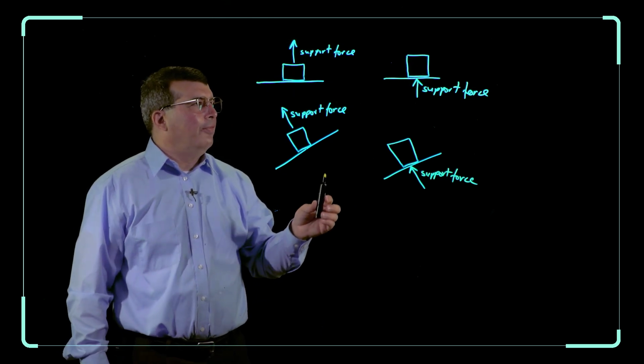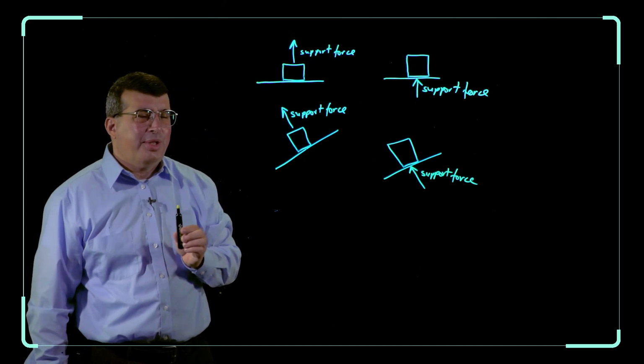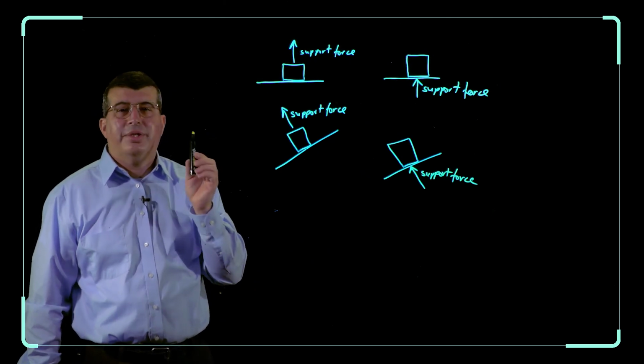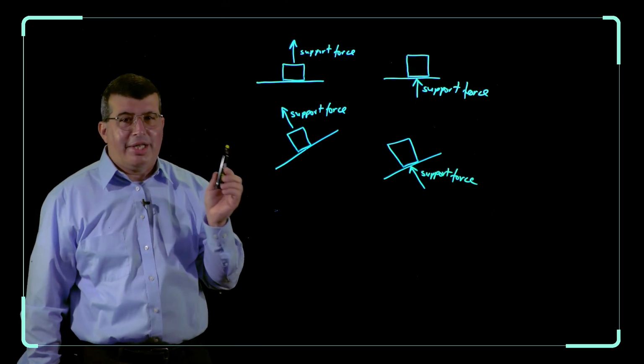Okay, if I draw the support force up here or down here, it doesn't really matter because they're both forces upwards. So what really matters is the direction of the force, not exactly where I draw the arrow.